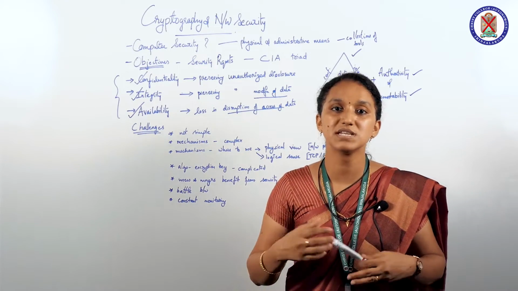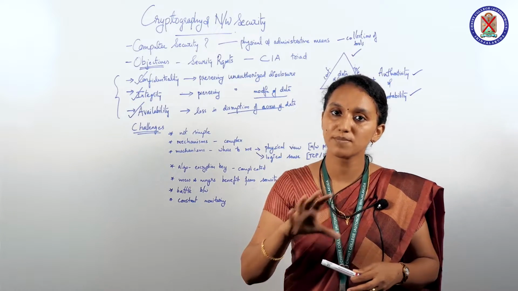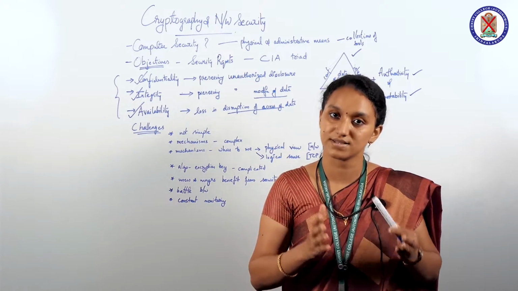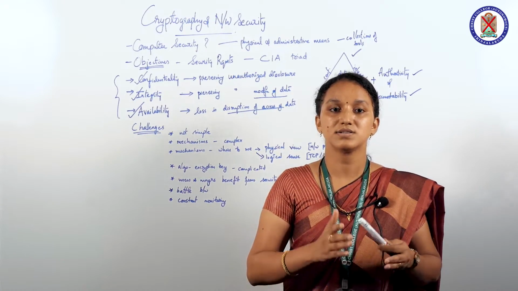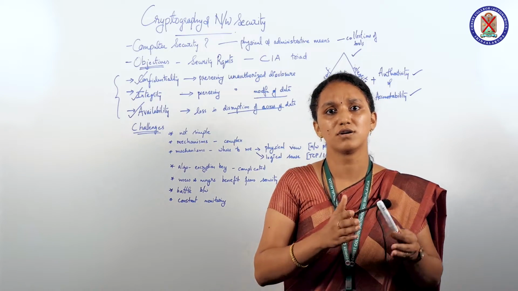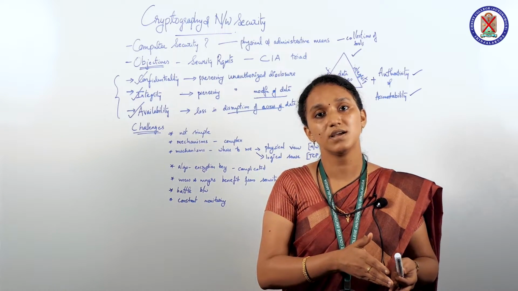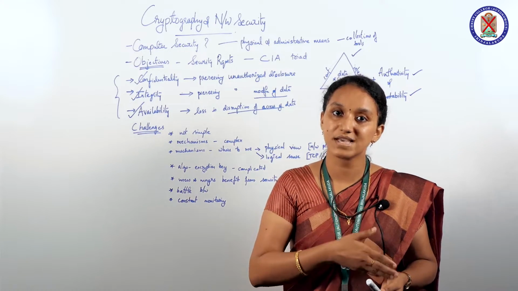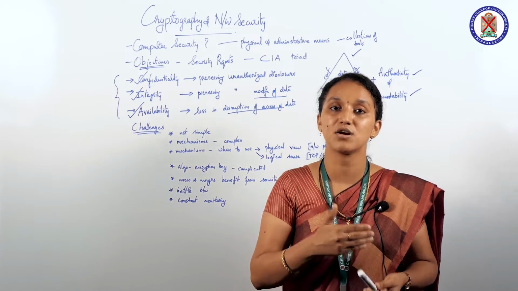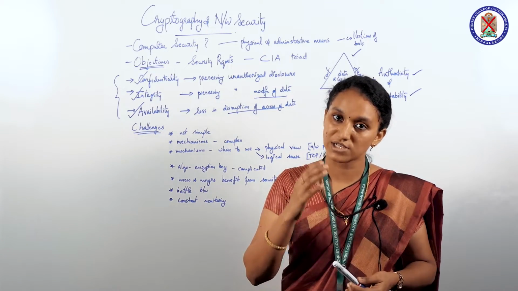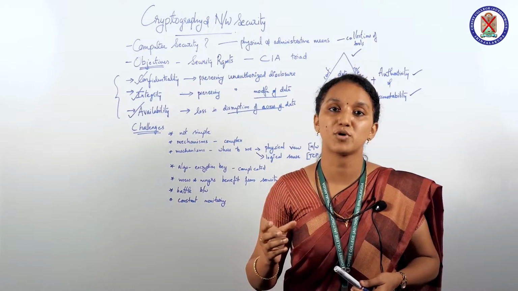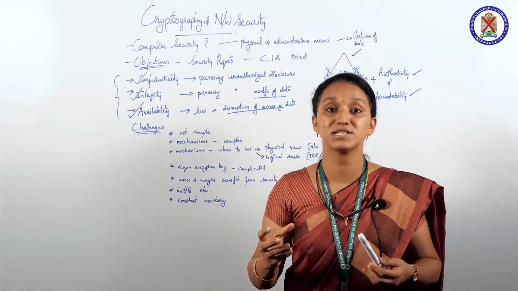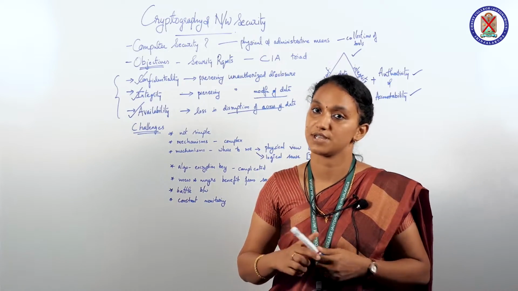The transmission media must be genuine. So if the source is authenticated, what does it mean? The person is verifiable, the person is genuine, and the data he or she is sending is genuine. Assuring that is another important challenge for us in computer security.